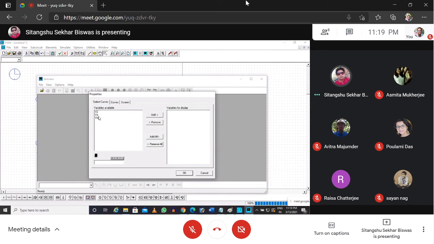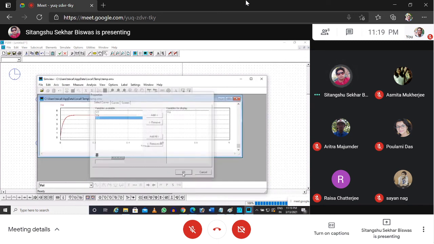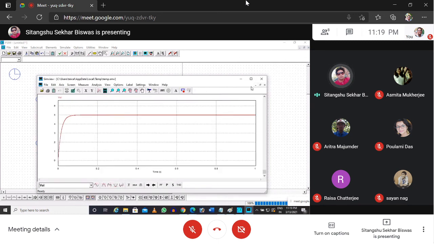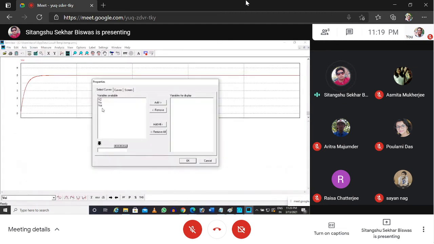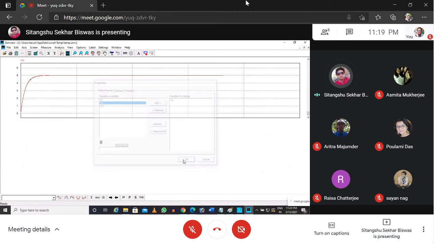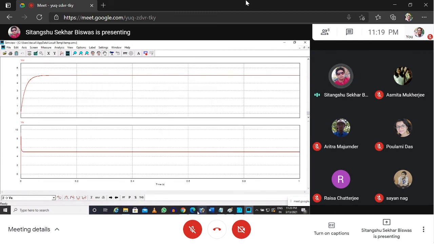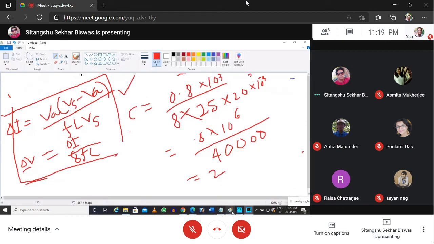So this is the ideal case, and this is my actual case. Now suppose I want a voltage of 10 volt.